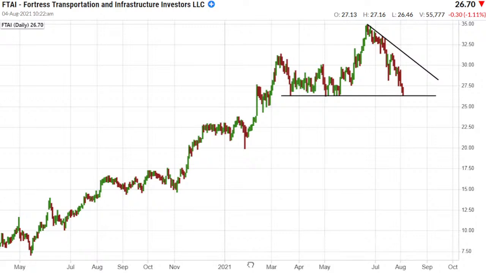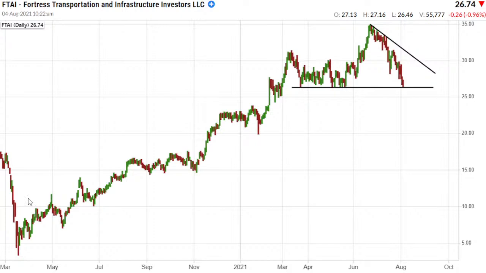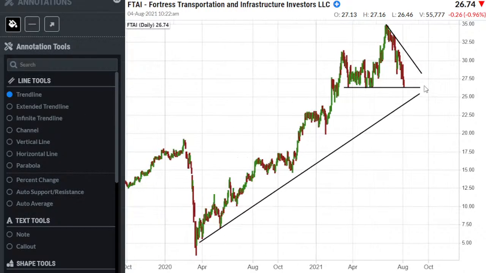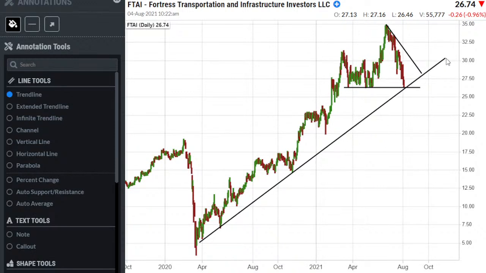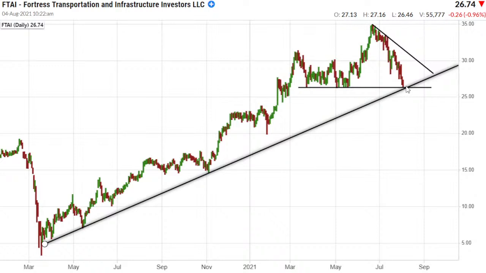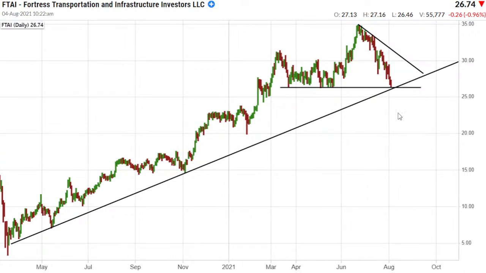But I just want to look back at this. I mean, it's a pretty nice steady uptrend. I want to see what a trend line looks like drawn across these lows. So that's pretty interesting. That's sort of a confluence of support right there, and so it's basically do or die time for this particular stock.